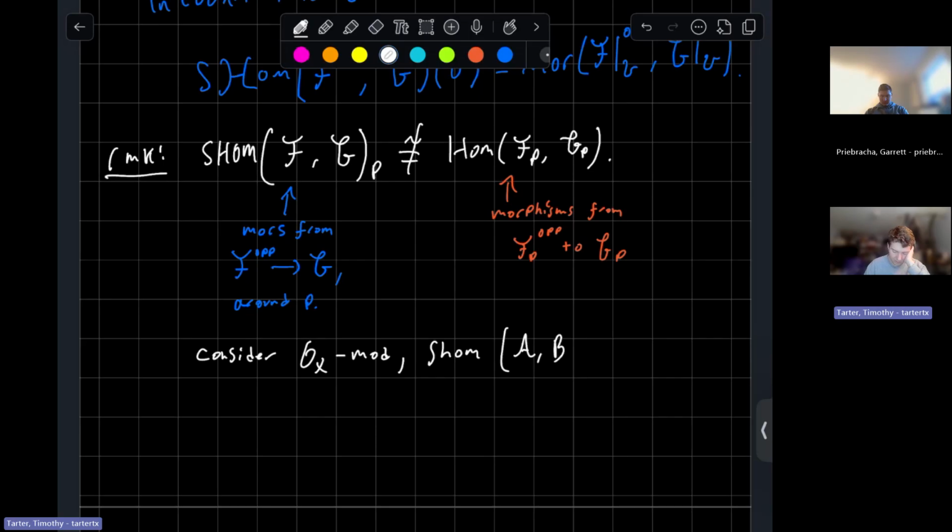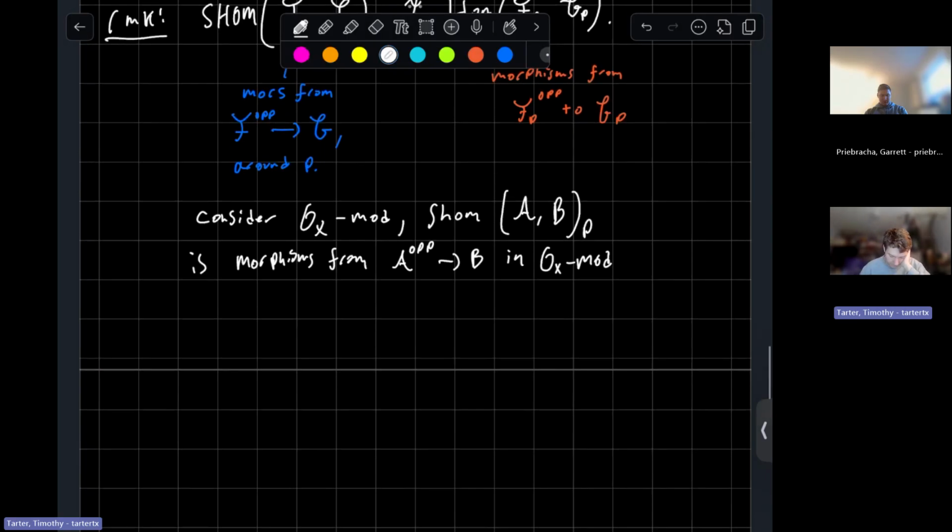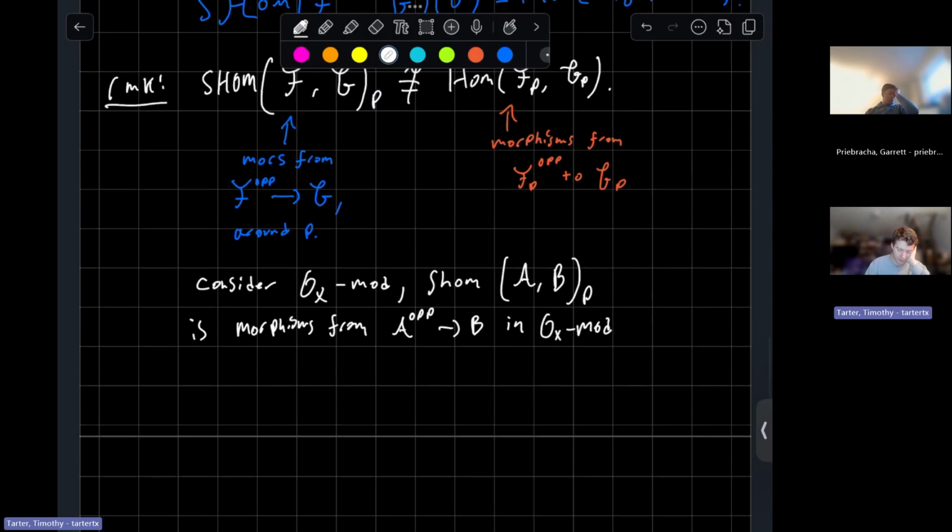So Hom from A to B localized at P is morphisms from A op to B in OX-Mod, and then around P. But what does that even mean in the context of morphisms of modules?